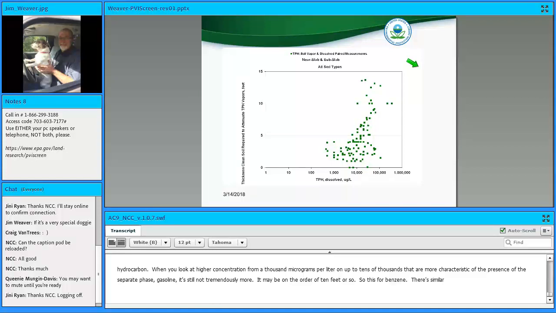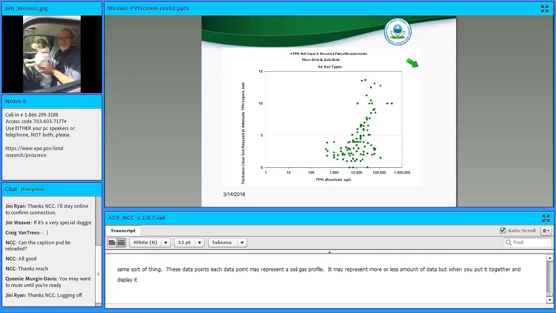Each data point may represent a soil gas profile. It may represent more or less data, but when you put it together and display it this way, you see varying distances, on the order of 5 feet if it's dissolved in groundwater only, or if there's free phase present, it could be up to 15 feet.